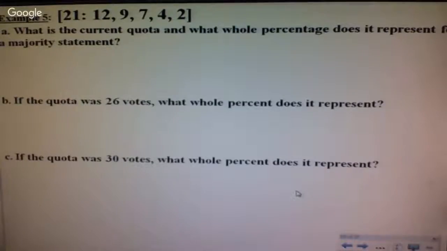All right. So right now they give you a quota. We want to know what percentage of the vote is that quota. So they give us 21 for a quota. What's the total amount of votes that I have in this election? Total number of votes, not players. Okay. 34.